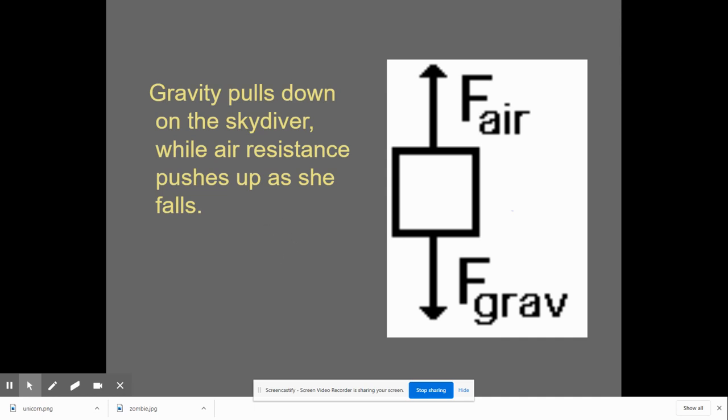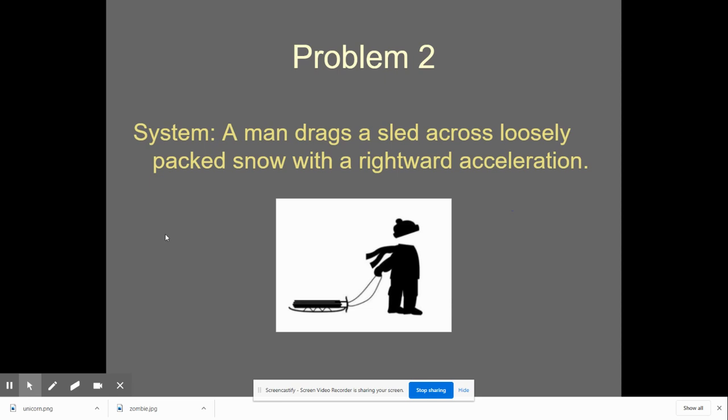All right, here we go. Here's another one. Here's our system. A man drags a sled across loosely packed snow with a rightward acceleration.